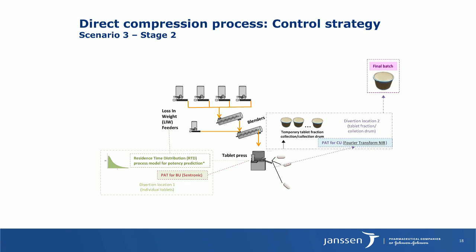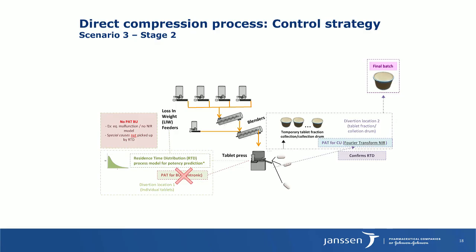The next scenario is scenario number 3, which coincides with stage 2 of the previous slides. There, the situation is that due to the product, we were not able to build a PAT-BU tool. This means that at the tablet press itself, we can only remove the tablets that were due to a manufacturing deviation, but not if there was a special cause of material buildup or something else. We cannot remove these tablets at the end of the tablet press.